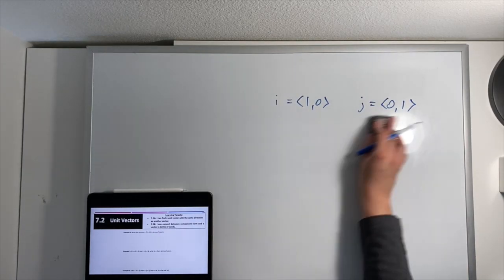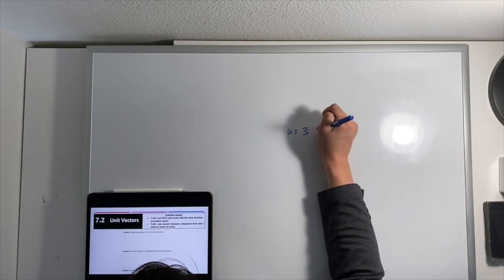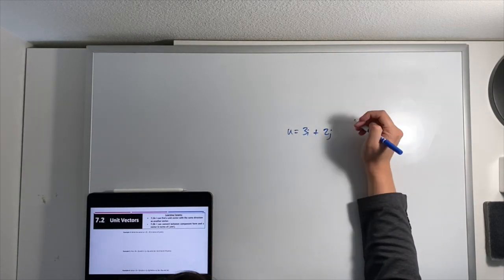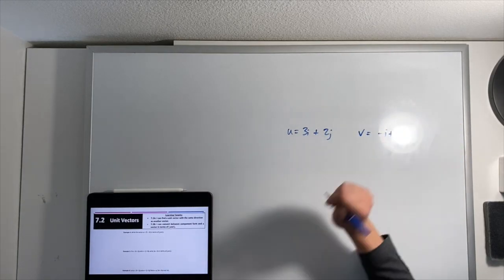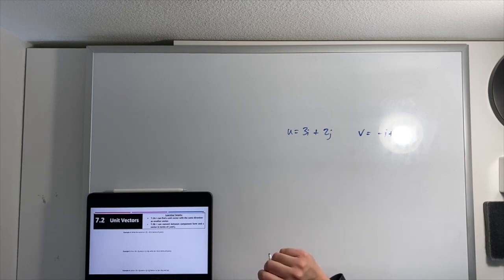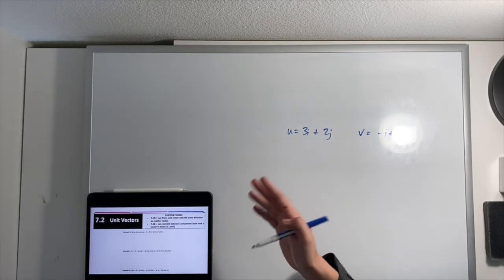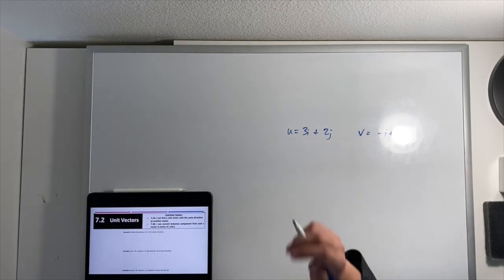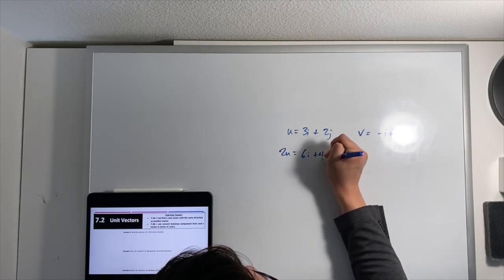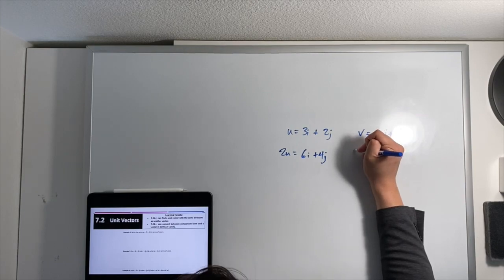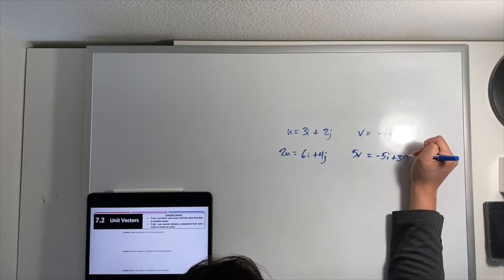Looking at example 5 then, if u equals 3i plus 2j and v equals negative i plus 6j, write 2u plus 5v in terms of i and j. Okay, so it's the same addition, the same multiplication that we had before. 2u is going to be 6i plus 4j, and 5v is going to be negative 5i plus 30j.